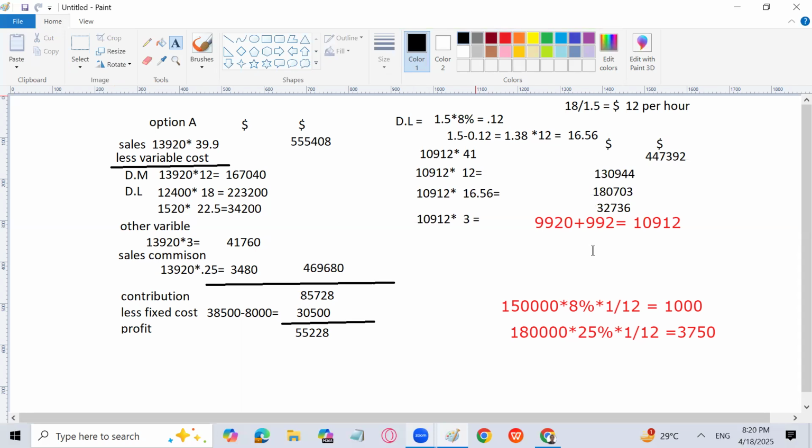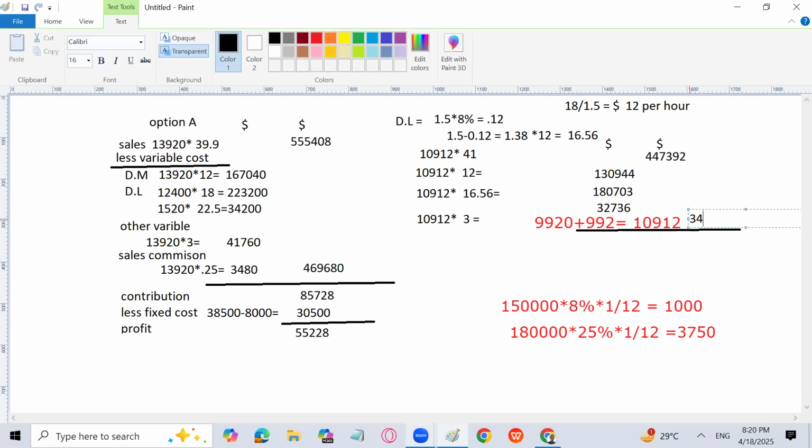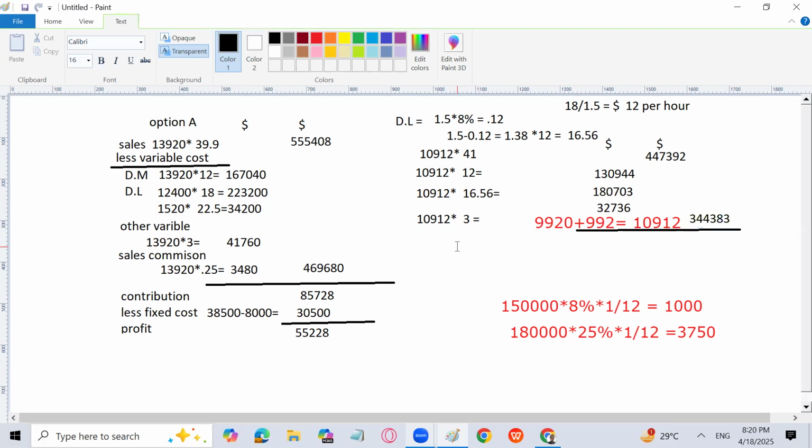I will go with the total of the variable cost, and then I will find the contribution. 344,383, subtract it, and you will get the contribution.